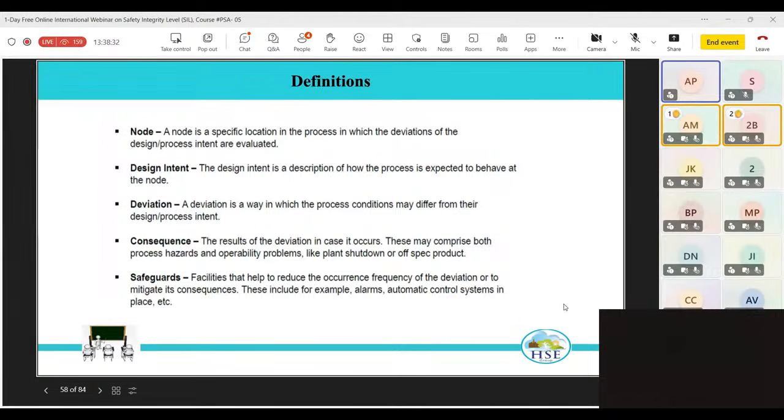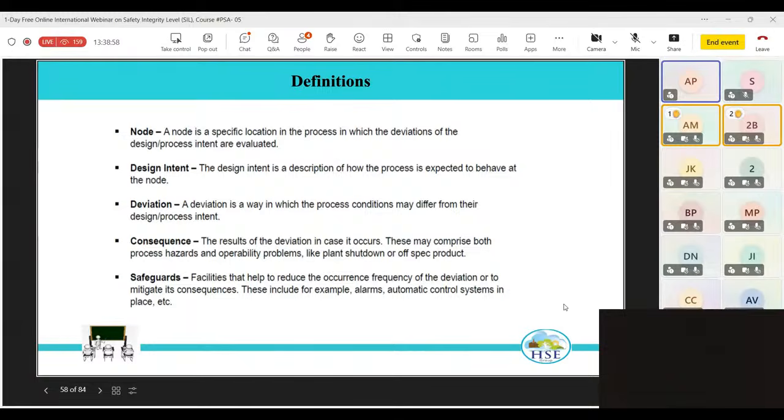And deviation is a way in which the process condition may differ from the design of the process system. That means it could be pressure going high or low, temperature going high or low, or flow not happening at all. This also could be a deviation, or it could be any other deviation like level going high, high, or level going low, low.